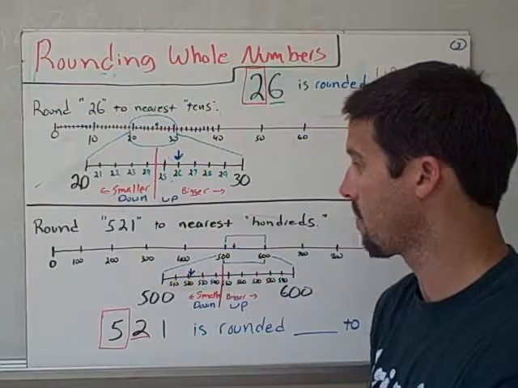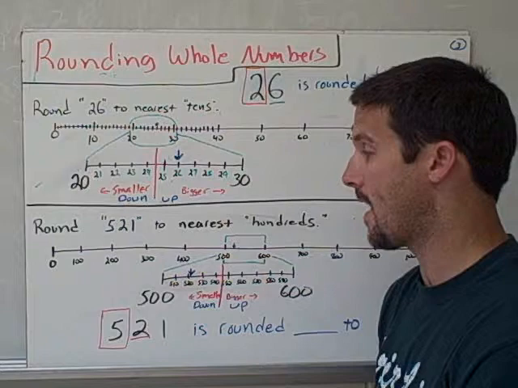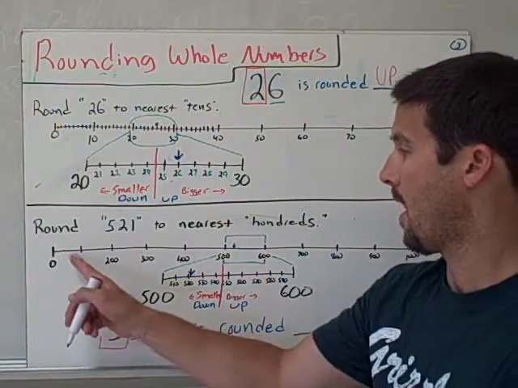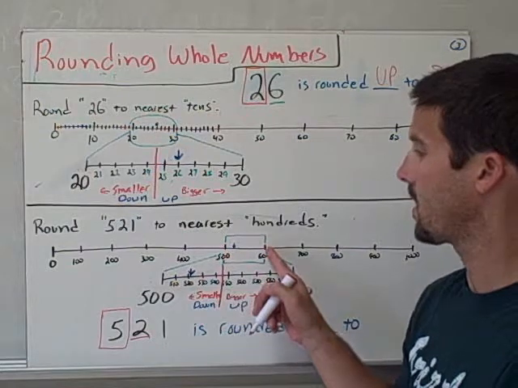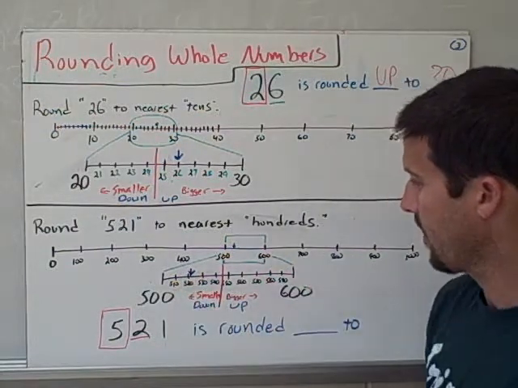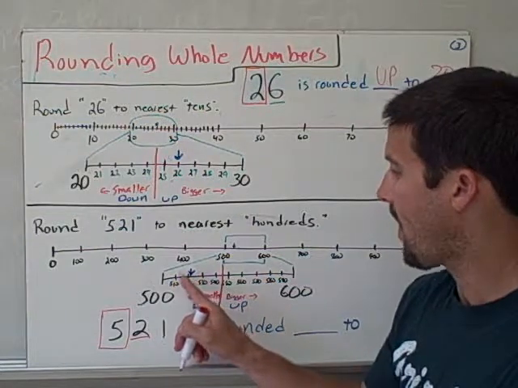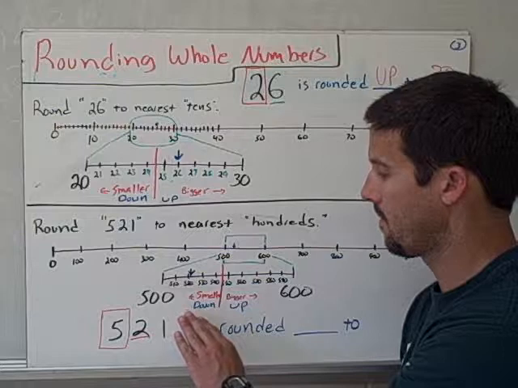Okay, so we're going to look at the number in the tens place to see if we're going to round up or round down. So I have my hundreds number line, and I'm looking at the number between 500 and 600. I magnify in on that, and I see that 520 falls over on the smaller side.